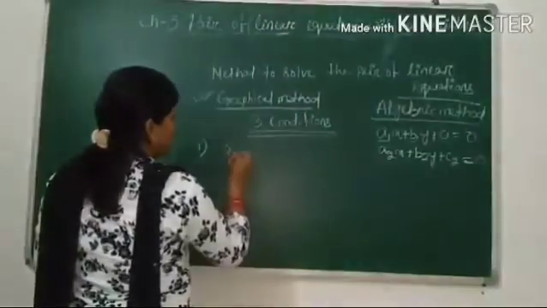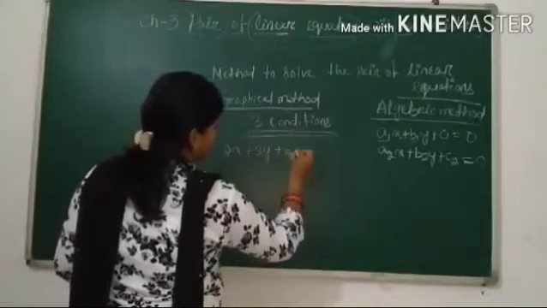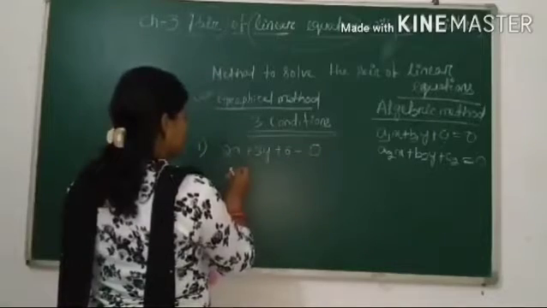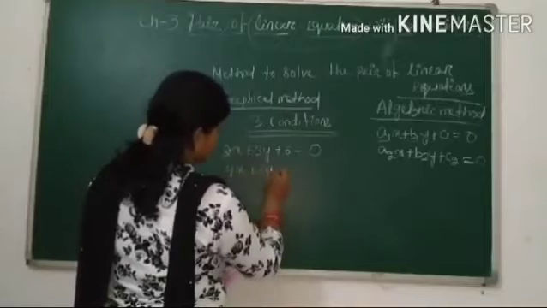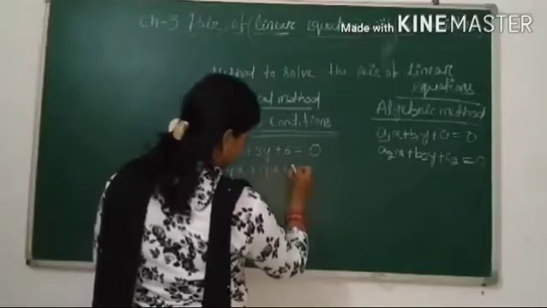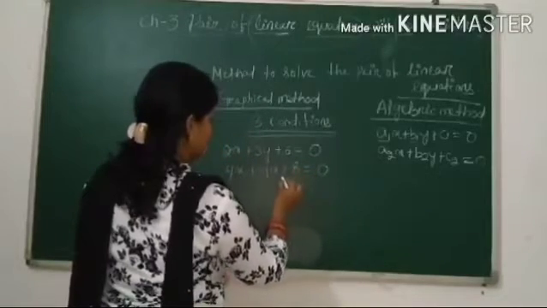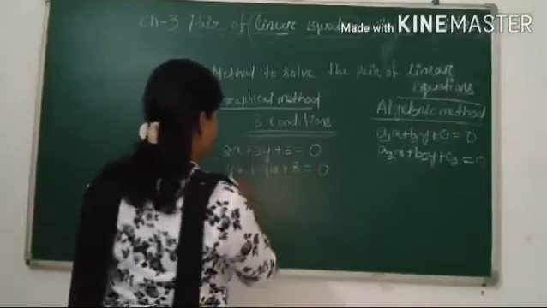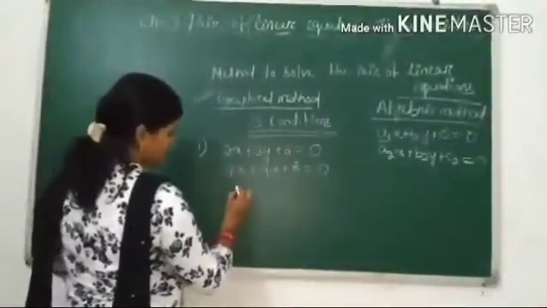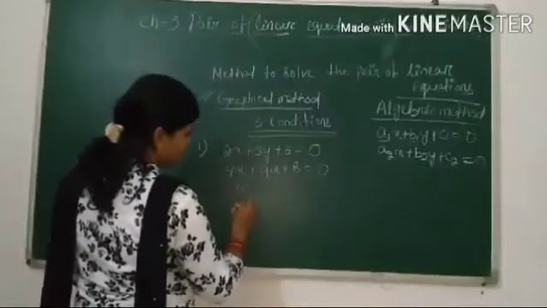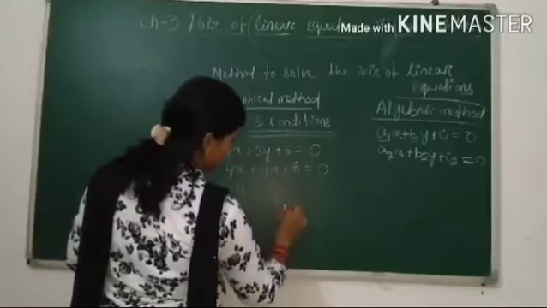Here I am going to write one equation, then the second equation. I have to compare the coefficients, means I have to compare a1 by a2 with b1 by b2.